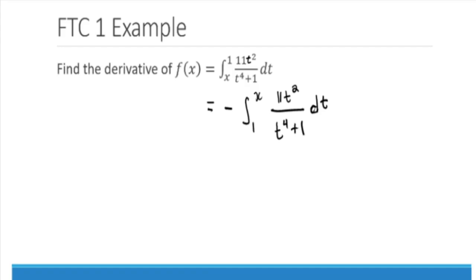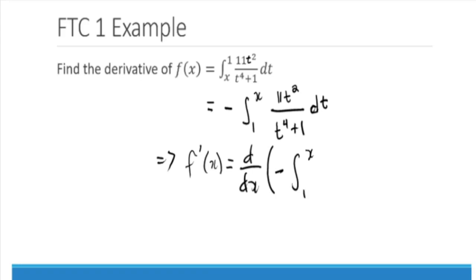And then, from here, we can approach it the same way as the previous example. That is simply, we take the derivative of this one. So f prime of x is d over dx of negative of the integral from 1 to x of 11t squared over t to the 4th plus 1 dt. Okay, so similar to our first example, ang mangyayari lang dito ay yung t, papalitan natin ng x.